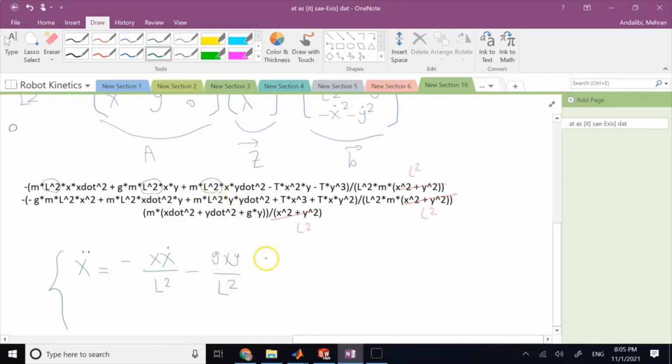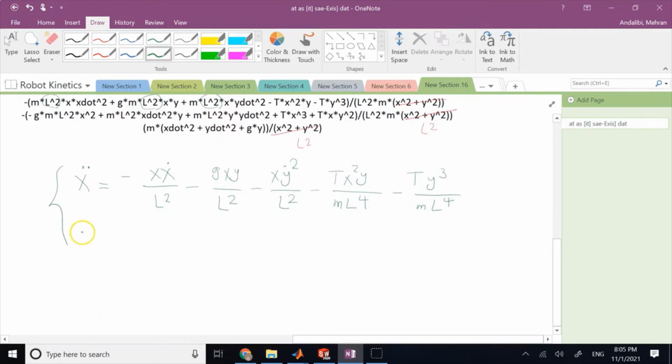The next term is going to be negative x y dot squared over L squared. And then I have negative t x squared y over m L to the 4 and negative t y cubed over m times L to the 4. So that is your x double dot.